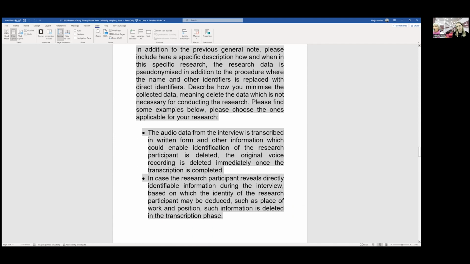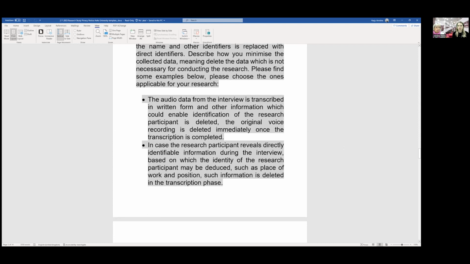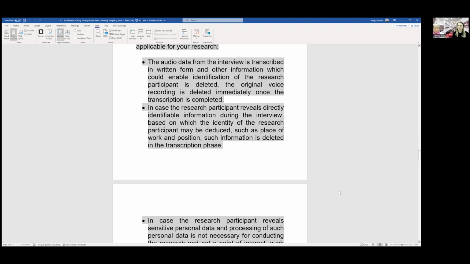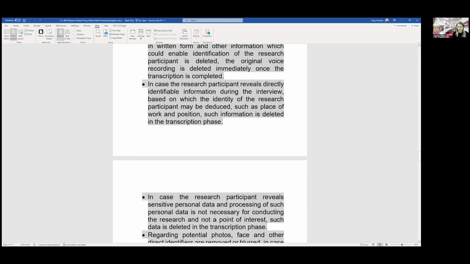And all these means of minimizing the collected personal data that Maria just listed, you need to go through these examples and see if any of these is applicable for your research study. For example, are you transcribing the audio? If yes, you can use this text.